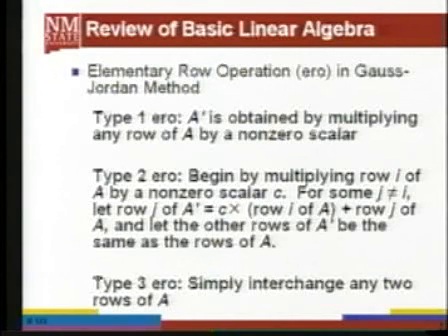That is, a row can be replaced by the sum of that row and a multiple of another row. And the last, type 3 elementary row operation is called row switching transformation, which means a row within the matrix can be switched with another row.